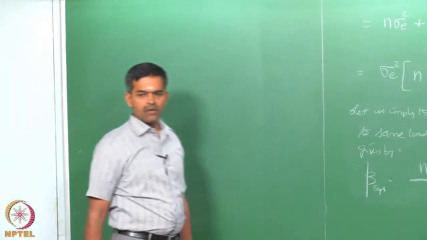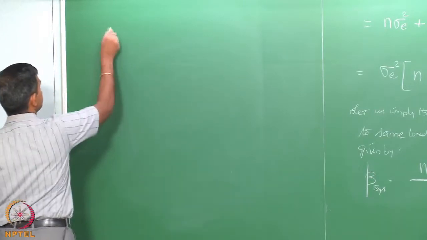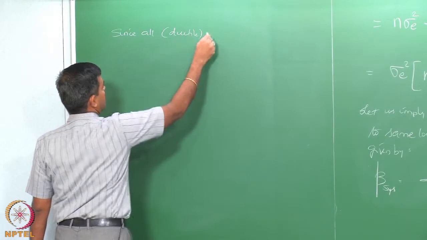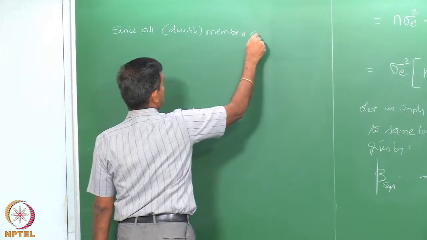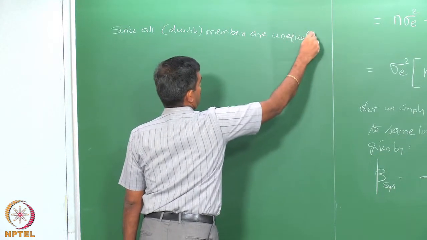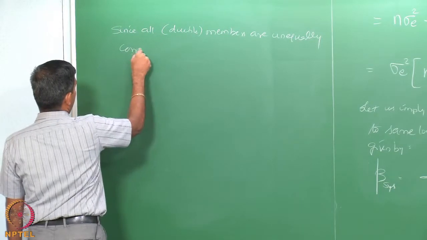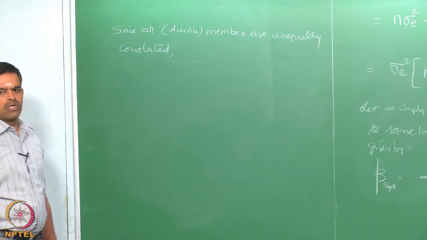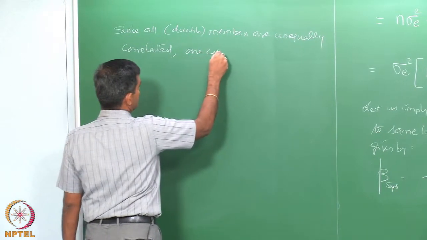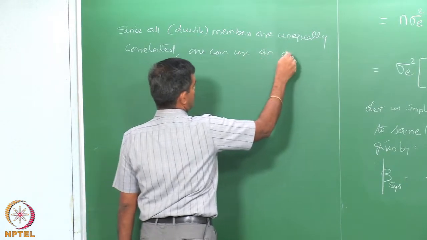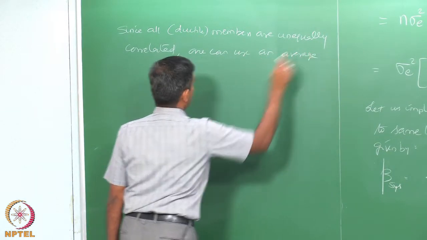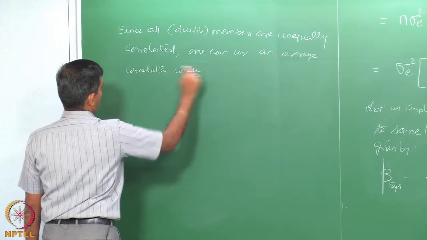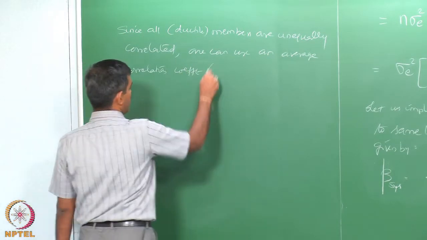Now, as we understand that all members are unequally correlated, we can use an average correlation coefficient, which I call rho bar.